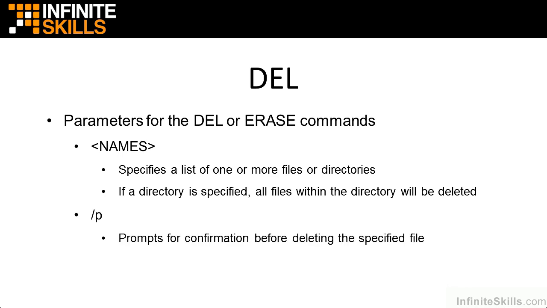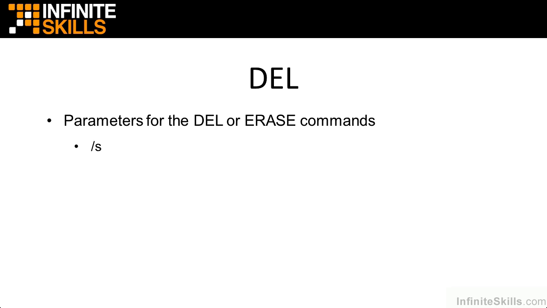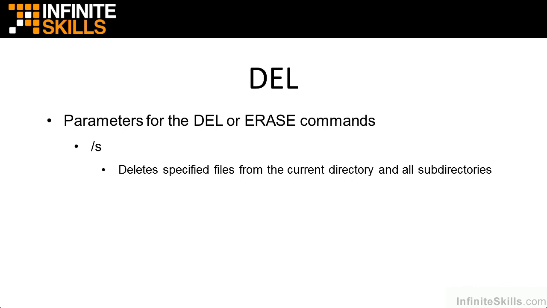The P parameter, or switch as I like to call them, will prompt for confirmation before deleting the specified file. The F switch, or parameter, forces deletion of read-only files when you need that. The S parameter deletes specified files from the current directory and all subdirectories.